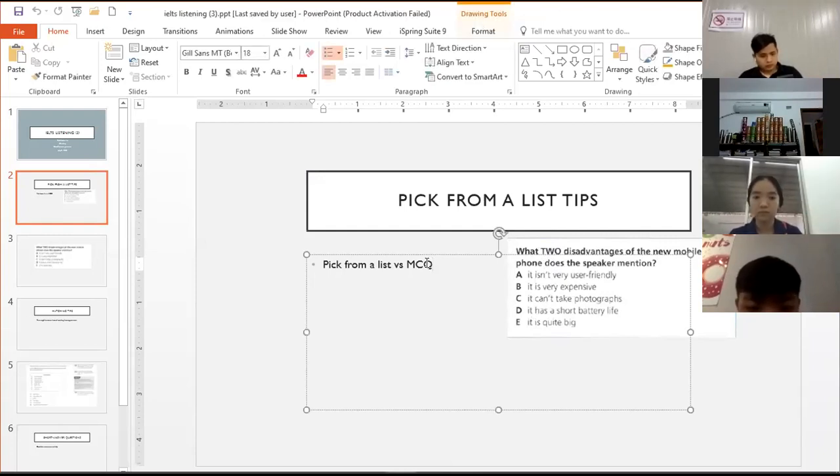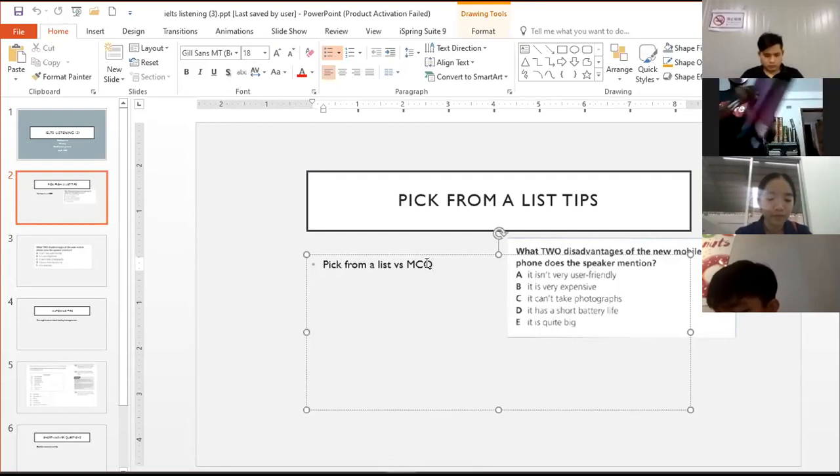And it is different from MCQ. I'm sure you know why, because for this form of questions, you pick more than one answer. But what are the tips in order to do this questions format, this picking from a list format? Are the tips very similar to MCQ or are they different? Picking from a list and MCQ?